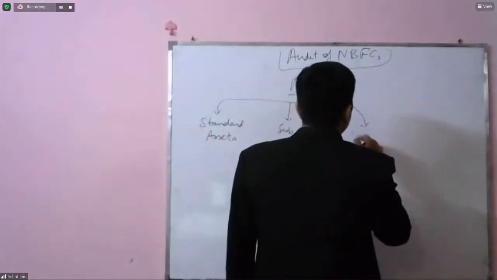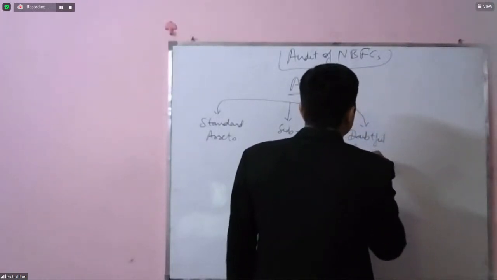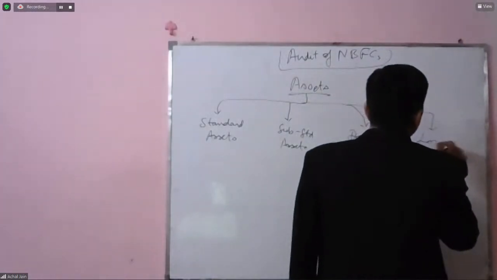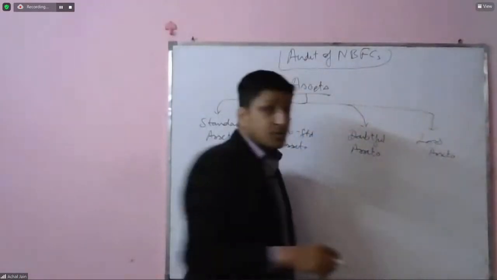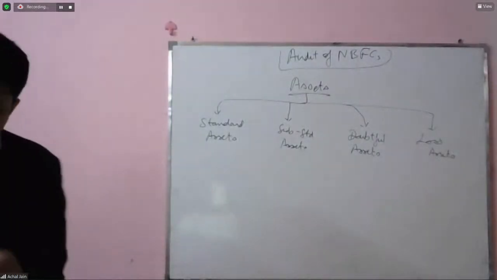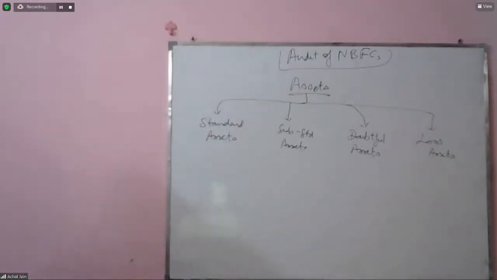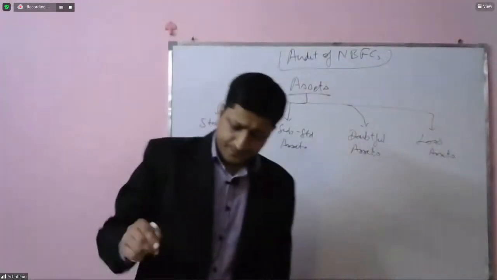Third, doubtful assets. Fourth is about loss assets. So these are the four categories which can be created in respect of assets of an NBFC from the perspective of provisioning.